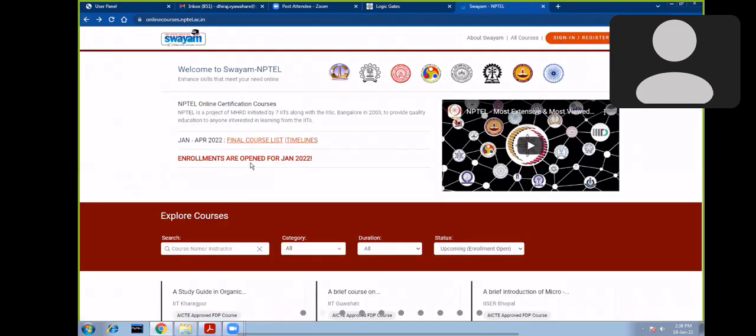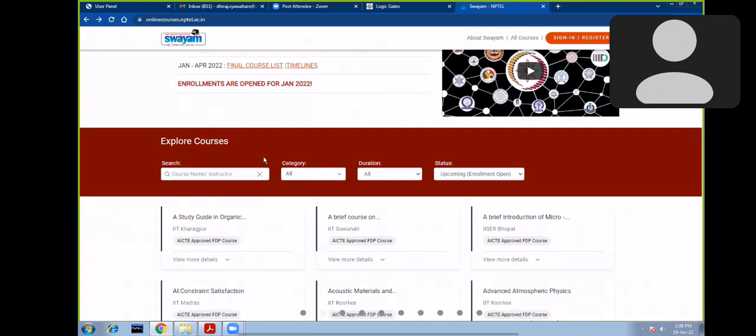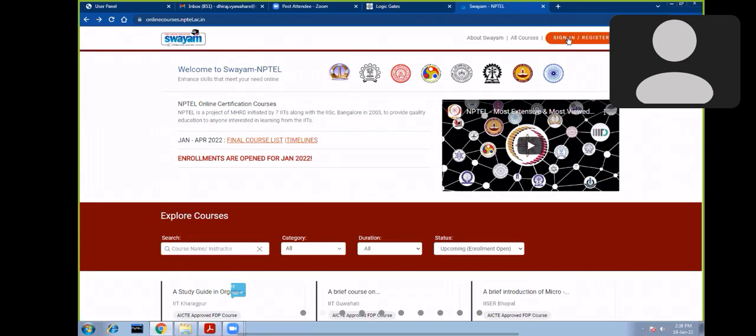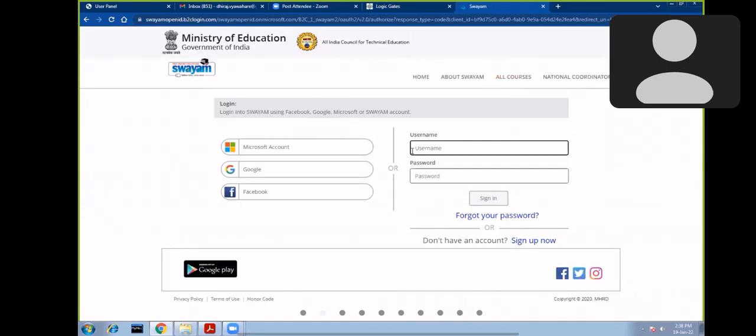in your mailbox. Suppose I am signing in here, because I have already registered. They will provide you a username and password. Then you have to sign in. Once you sign in, it shows you how many courses you have registered.